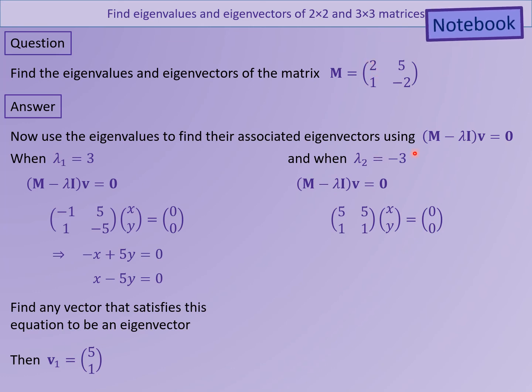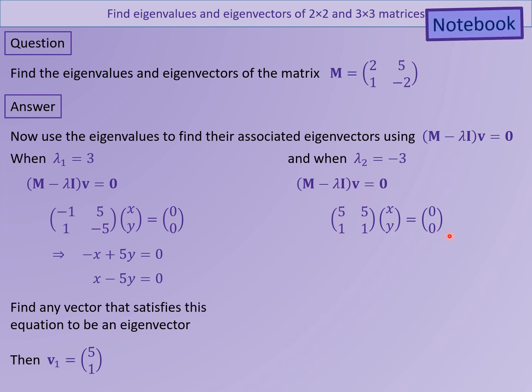So we've got 2 minus minus 3 is where the 5 comes from. These two numbers don't change ever, because that would be where the 0 part is. But this one would have been minus 2 minus minus 3, which is where the number 1 comes from. Okay. So that's why that matrix there is different to this one, because it's different eigenvalues.